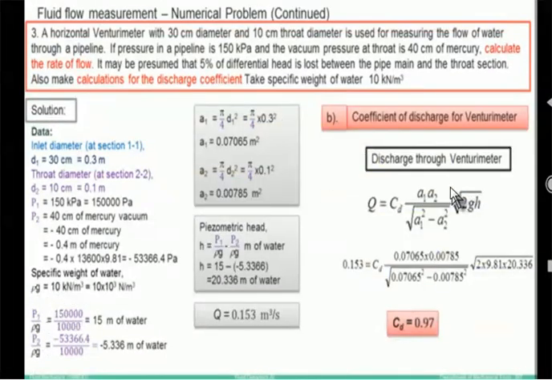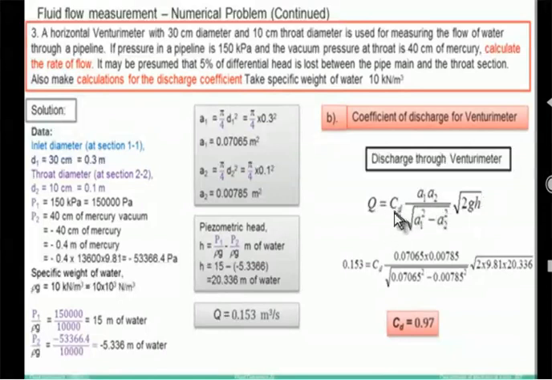Now we have to take the coefficient equation for the venturimeter, that is q is equal to cd a1 a2 root of 2 gh divided by root of a1 square minus a2 square. Now the only unknown is CD. You have to observe that q is already found, and a1 and a2 values are also known. 2 g is nothing but 9.81 and h is already found, 20.336 meter of water.